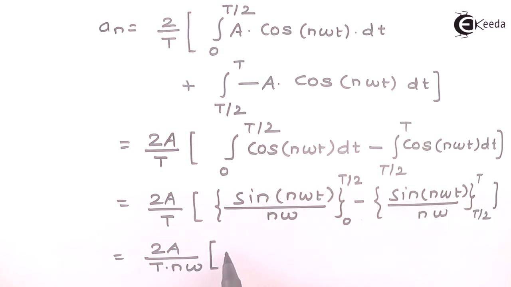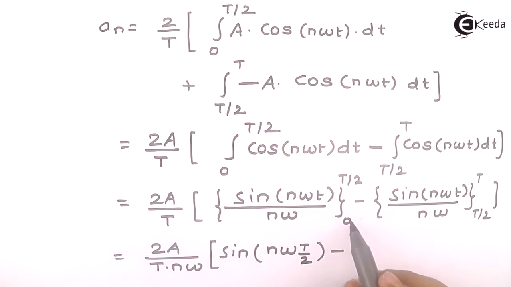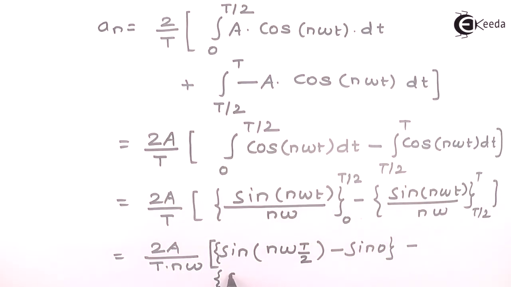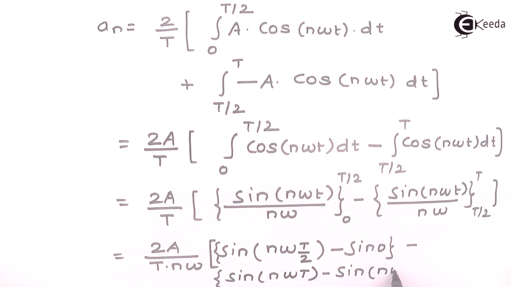If I apply the limit, it will be sine n omega T by 2 minus, over here it is 0, so sine 0, this will come in one bracket, minus, in second bracket, it will be sine n omega capital T minus sine n omega capital T by 2.